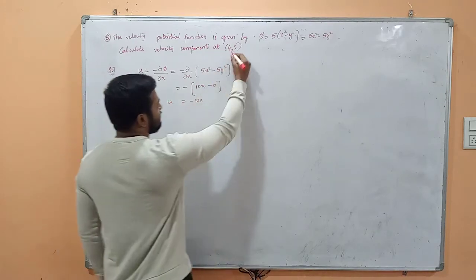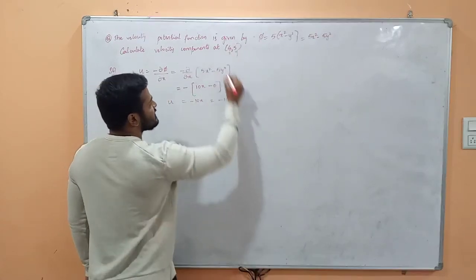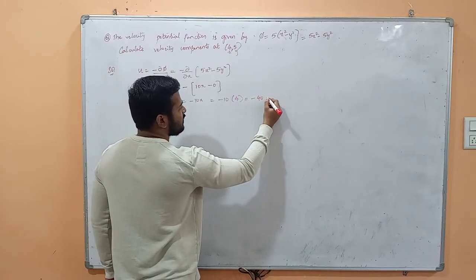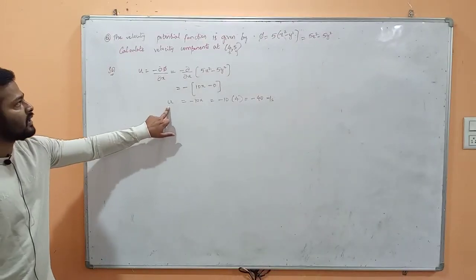The x value has been given in the question. This is (x, y). So minus 10 into x, which is 4, so this is minus 40 meters per second. Okay. So we got velocity in x direction.